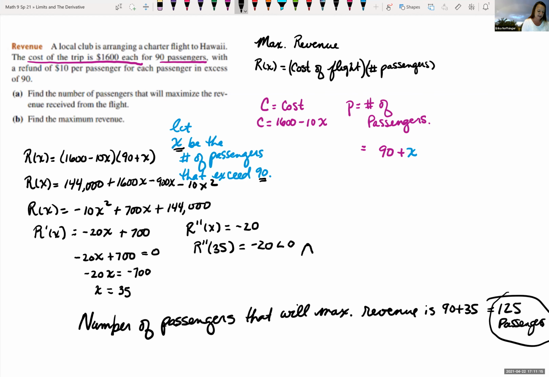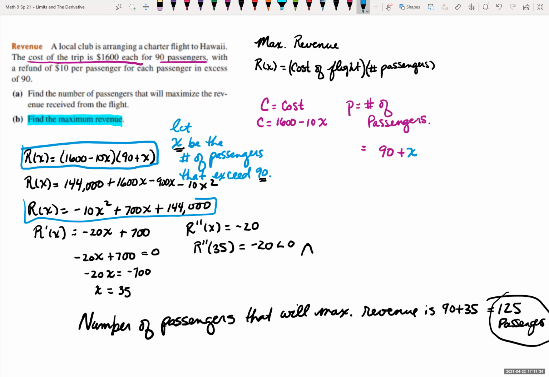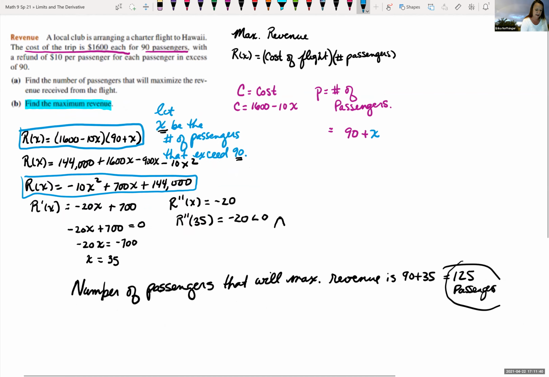Part B wants us to find the maximum revenue. Well, we found our revenue function. We can use this one, or the one that we expanded, but we're plugging in 35 because X was the number that exceeded.